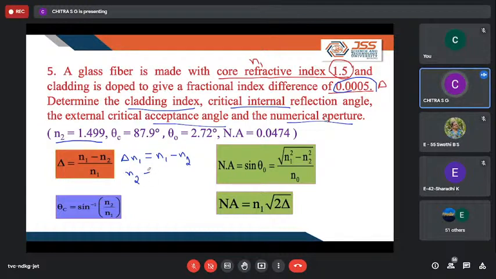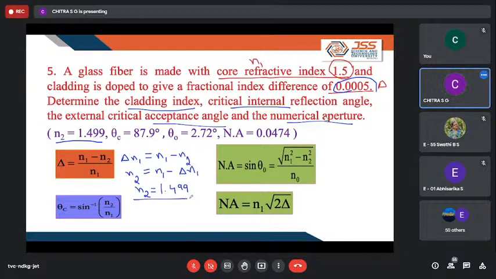N2 will be equal to n1 minus delta into n1. What is the answer? 1.49925. Up to 3 decimal places it's enough, you can stop there.